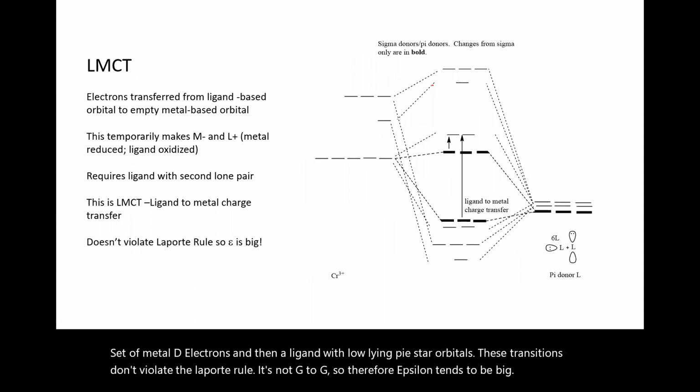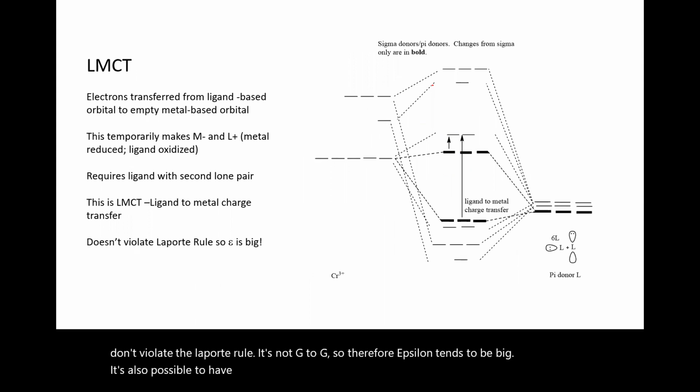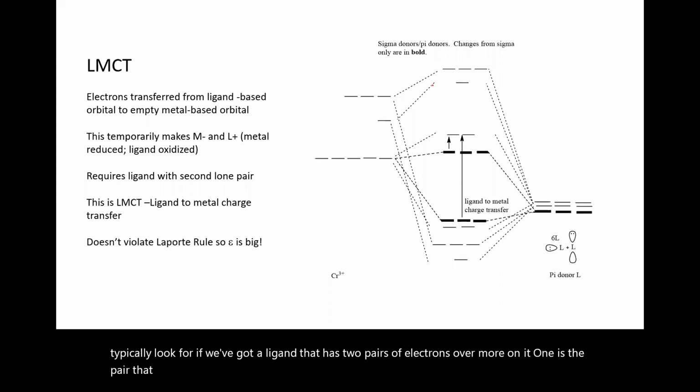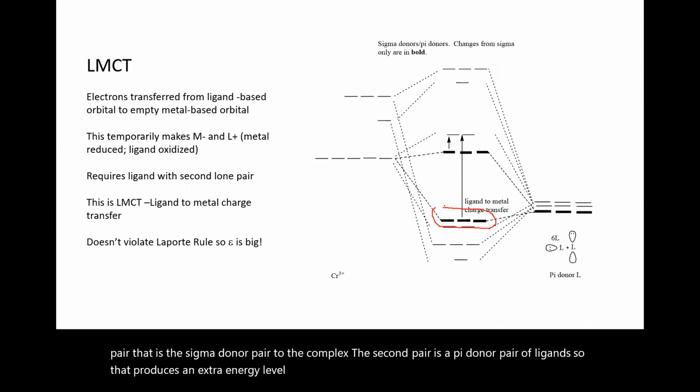It's also possible to have a ligand to metal charge transfer. And this is something we would typically look for if we've got a ligand that has two pairs of electrons or more on it. One is the pair that is the sigma donor pair to the complex. The second pair is a pi donor pair of ligands. So that produces an extra energy level filled with electrons right here in the diagram.